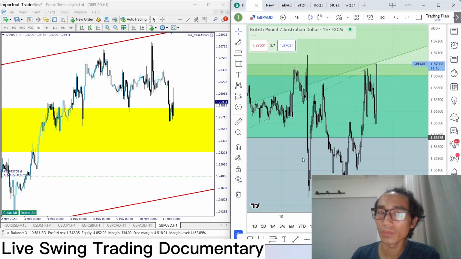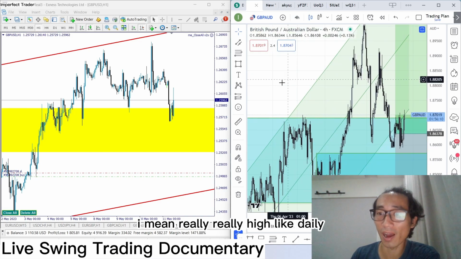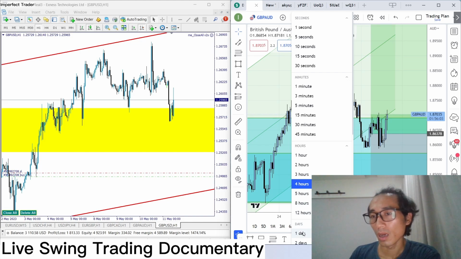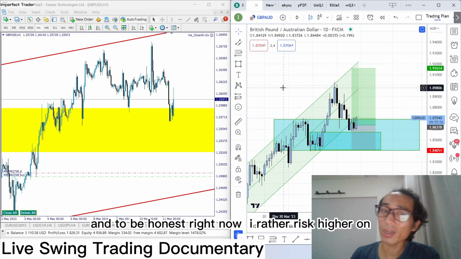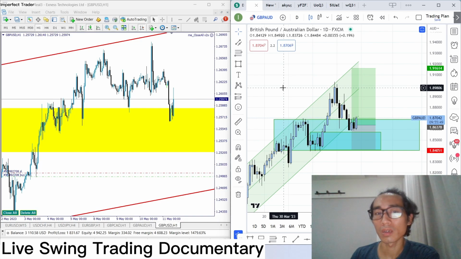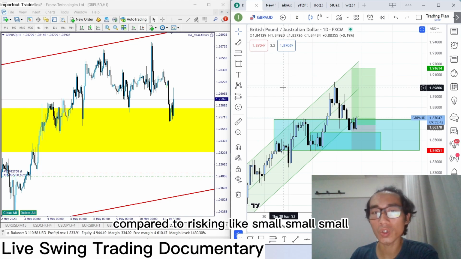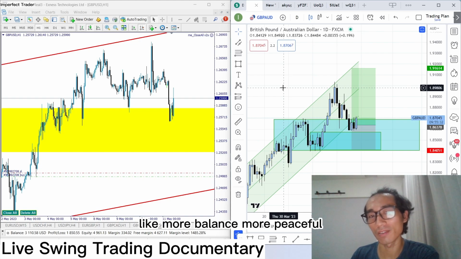One thing leads to another. But since I moved to higher time frames, I mean really high, like daily, I don't take a lot of trades. I'm really seeking high-reliability setups, and to be honest, right now I'd rather risk higher on a high-reliability setup compared to risking small on average trades. It makes my life so much better, more balanced, more peaceful.